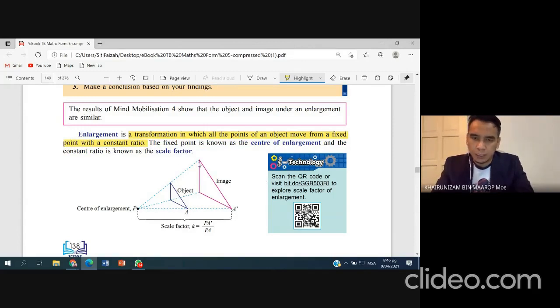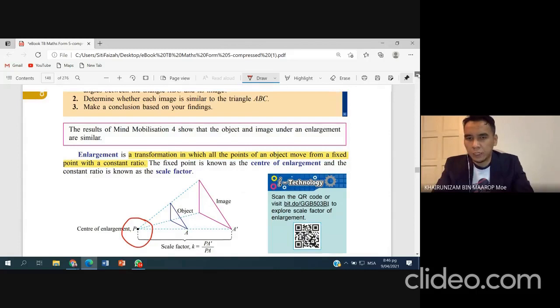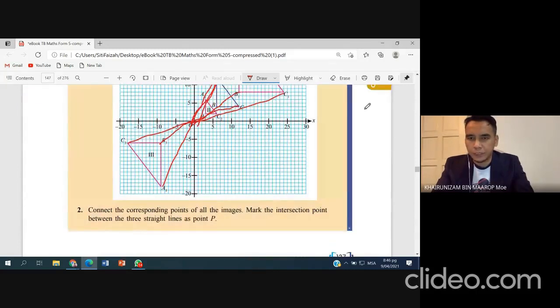The points meet at the same point, a single center point. So this we call the center of enlargement. From that activity we get this as the center of enlargement, because this is the intersection of the lines.